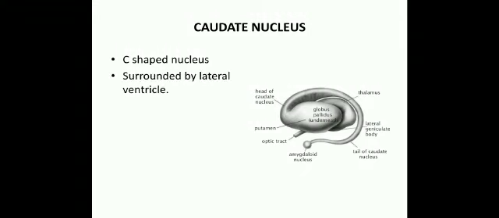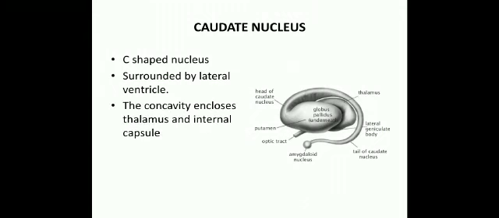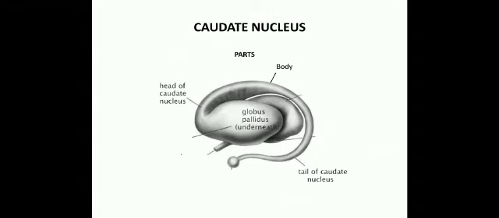The caudate nucleus is a C-shaped or comma-shaped nucleus surrounded by the lateral ventricle. The concavity of the C encloses the thalamus and the internal capsule. The parts of the caudate nucleus are the head, body and tail.